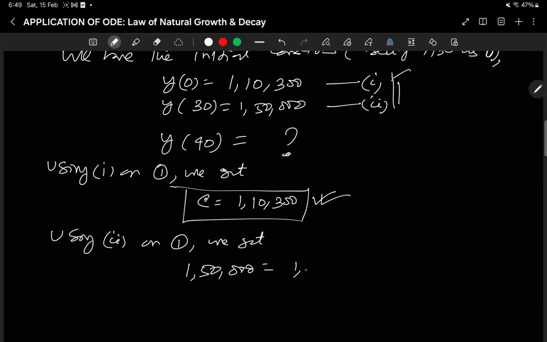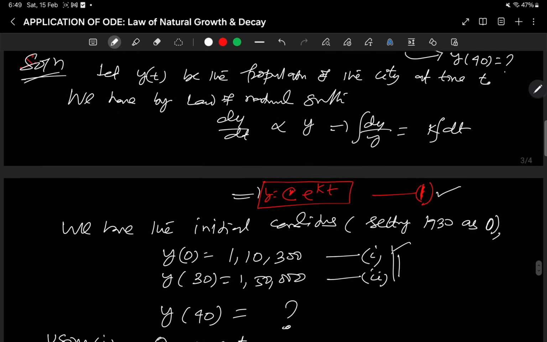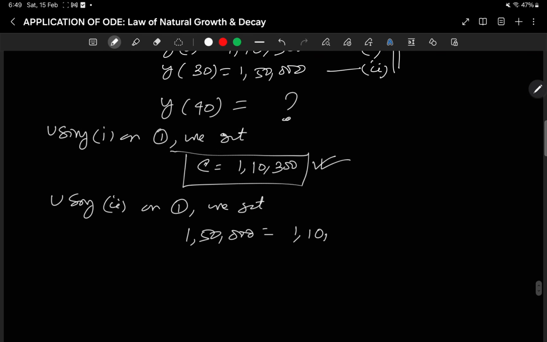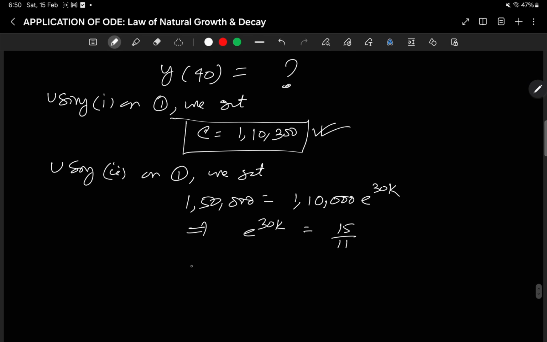Now using condition 2 on equation 1, we have 1,50,000 is equal to 1,10,000 e to the power 30k. Let us take this amount as 1,10,000 for easy calculation. So e to the power 30k is 15 by 11, which implies e to the power k is 15 by 11 to the power 1 by 30.